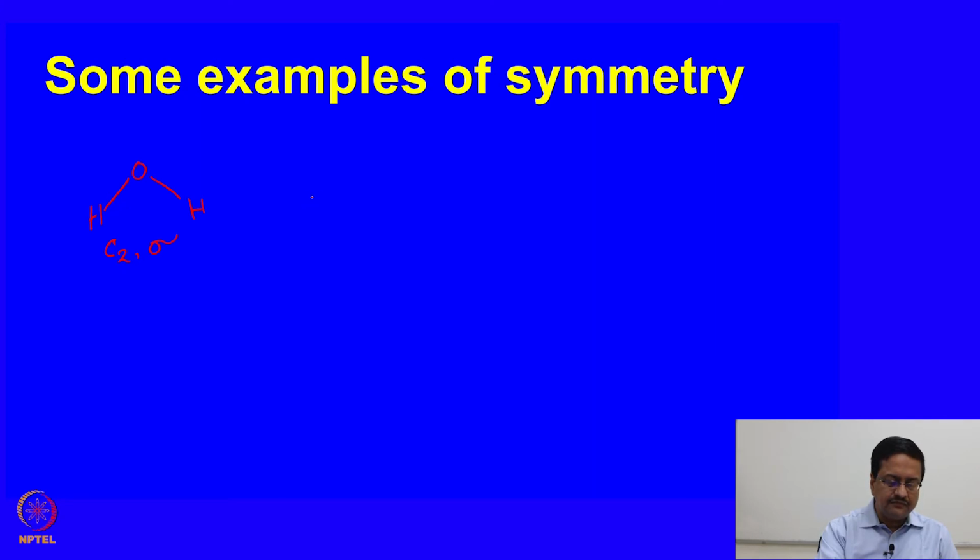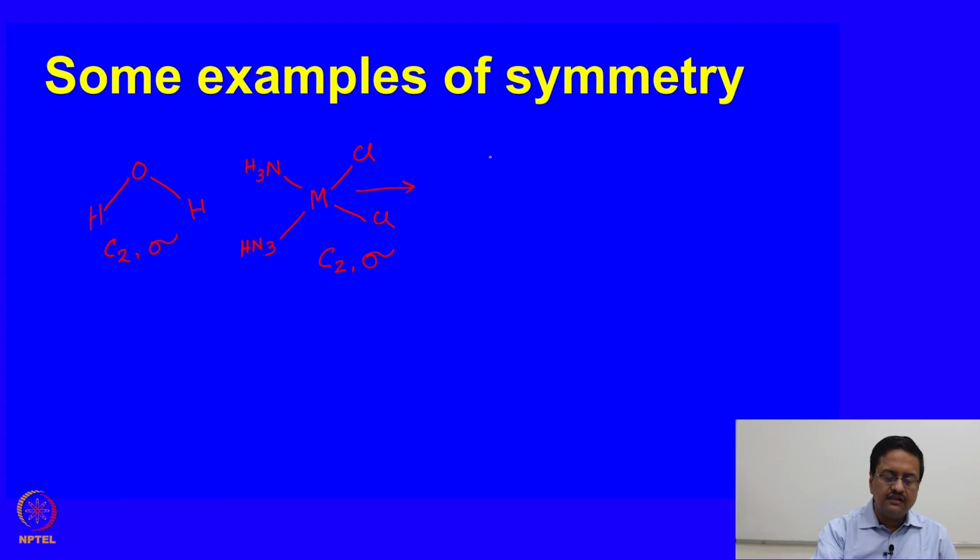Similarly, if I have a metal complex with two groups like this, two groups here, this molecule also has a C2 axis and sigma planes.